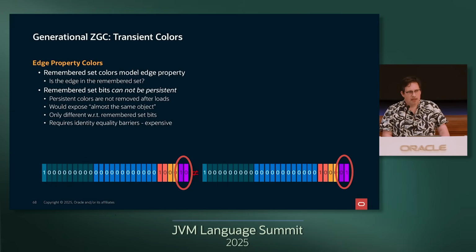And as we talked about previously, you can't really model that with persistent color bits without requiring some kind of object identity barriers. So yeah, this was one reason as well why we changed to use transient colors, because we had some colors that really needed to be transient, and we had no colors that needed to be persistent. So we just made all of them transient.